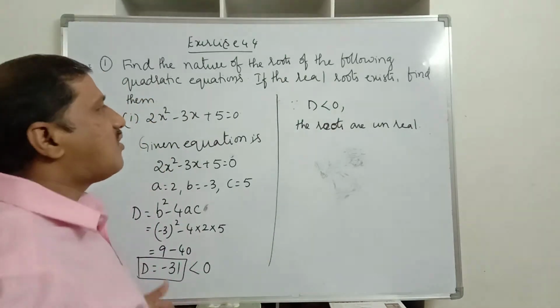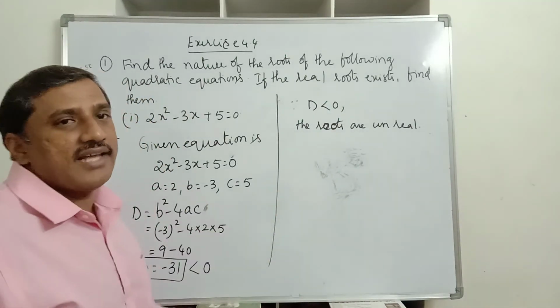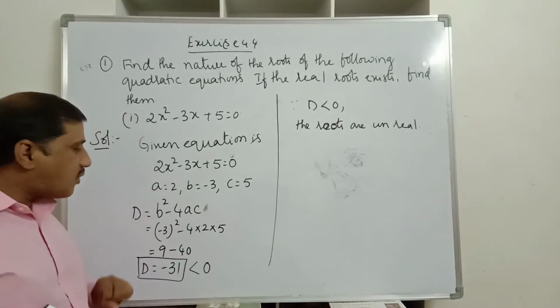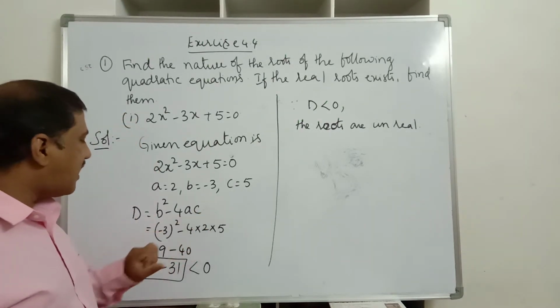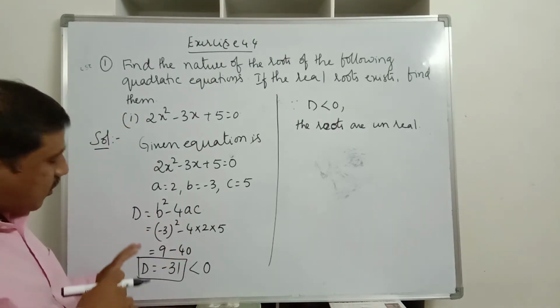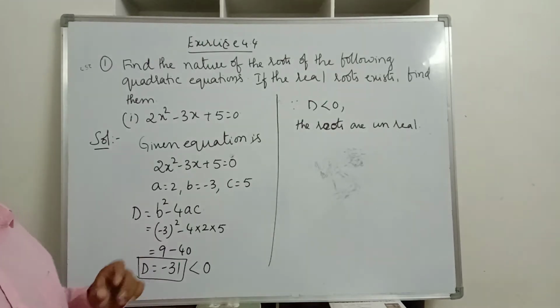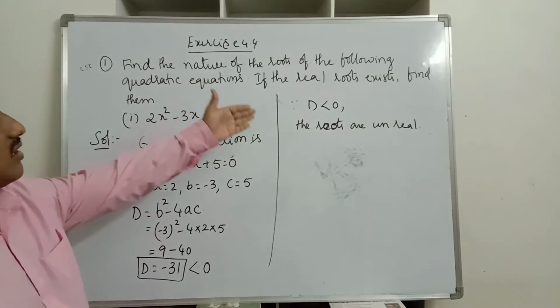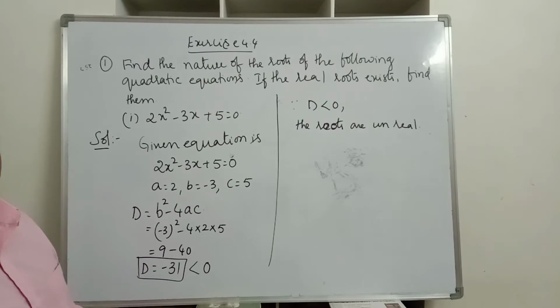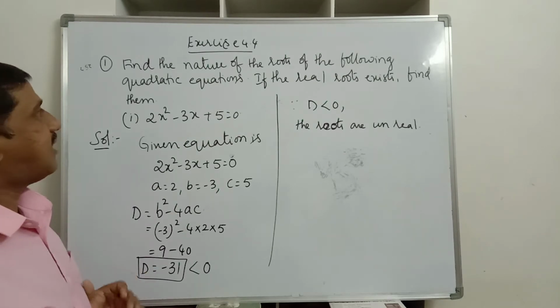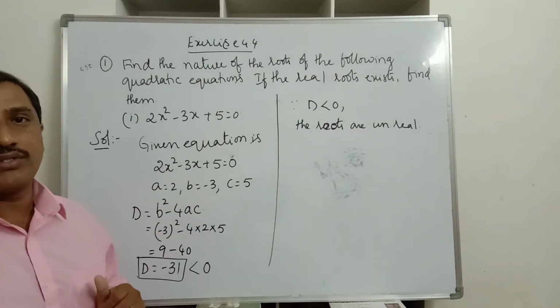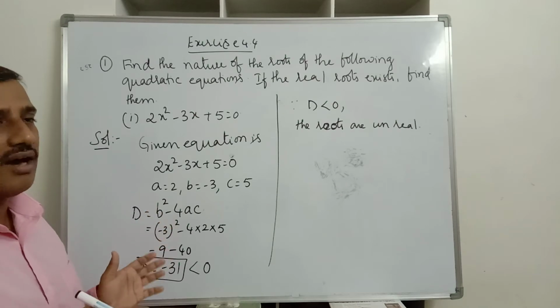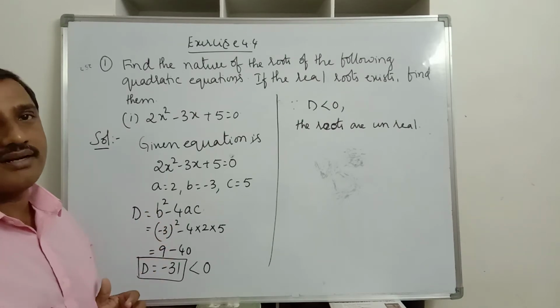When real roots do not exist, we cannot find the real roots. So here we need to find the d value. d is equal to minus 31, which is less than 0. Therefore, the roots are unreal, that means real roots do not exist. Like this, you will find the nature of the roots and we can say whether the roots are real or unreal. Is it clear, children?